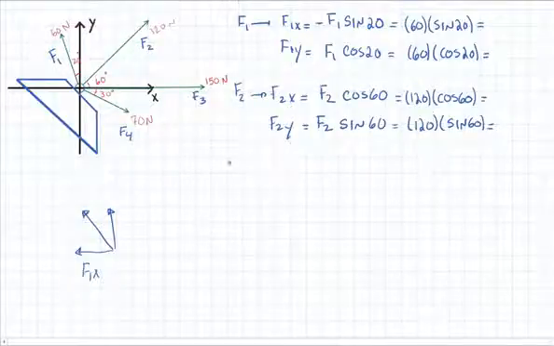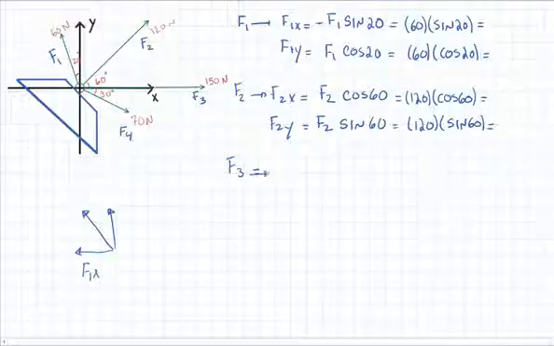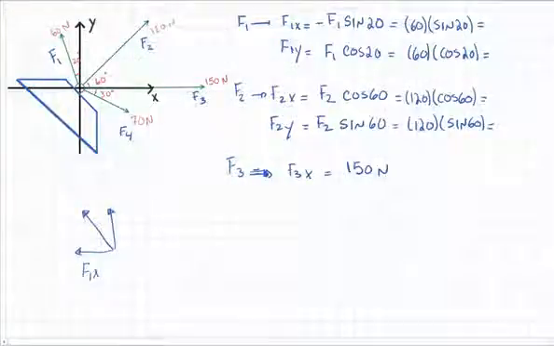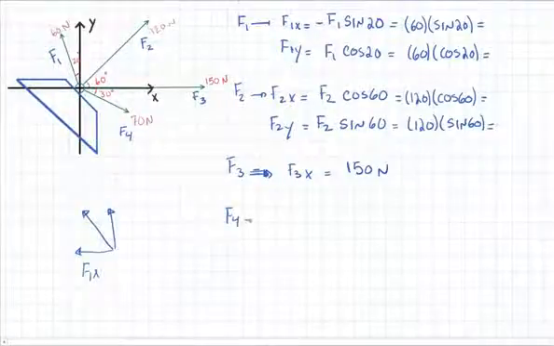Now moving on to F3. F3 lies on the x-axis, so it only has an x component. So F3x is going to be equal to 150 newtons. There's no F3y component.